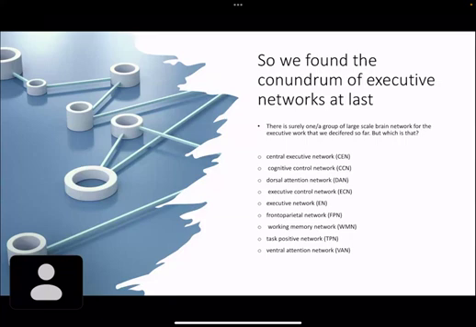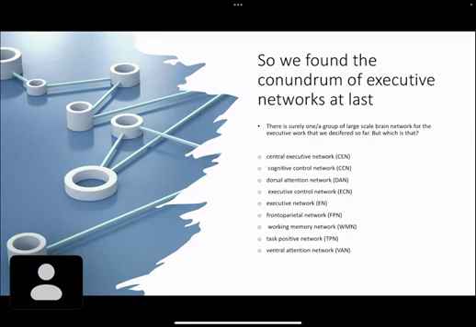So what are the multiple names? Central executive network, cognitive control network, dorsal attentional network, executive control network, executive network, frontoparietal network, working memory network, task positive network, ventral attentional network. The executive function must be some of them or a combination of all of them, right?